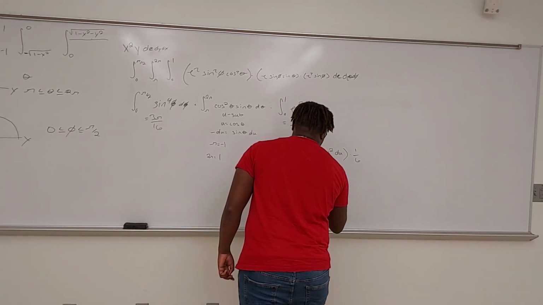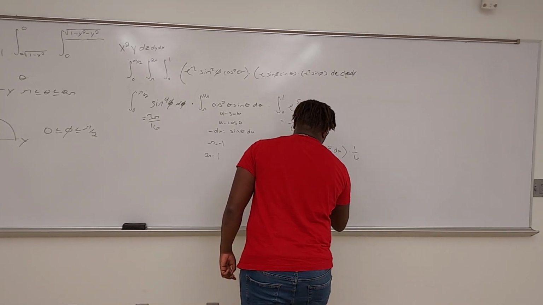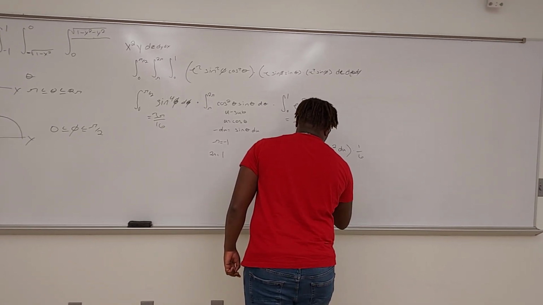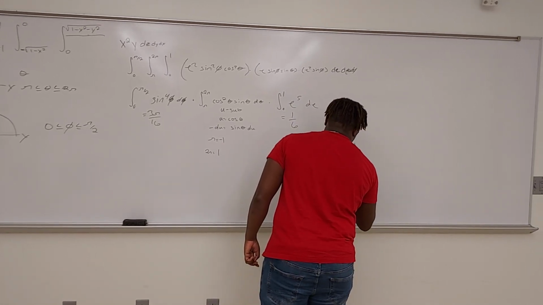One-third minus -1/3, which will be plus 2/3, but we have negative out front, so it'll equal -2/3.